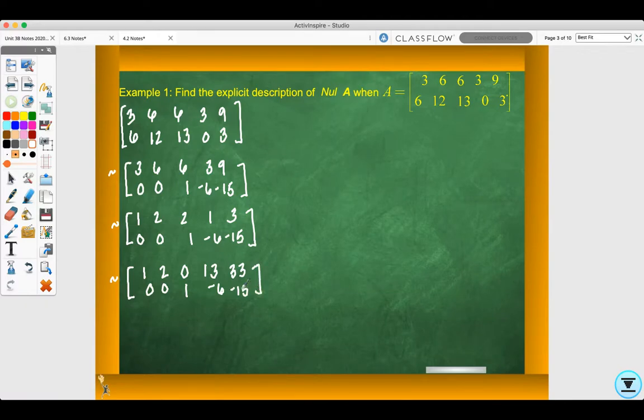And we are now in reduced echelon form, since we have a pivot in each pivot row and pivot column, a 0 above this one, and a 0 below this one.